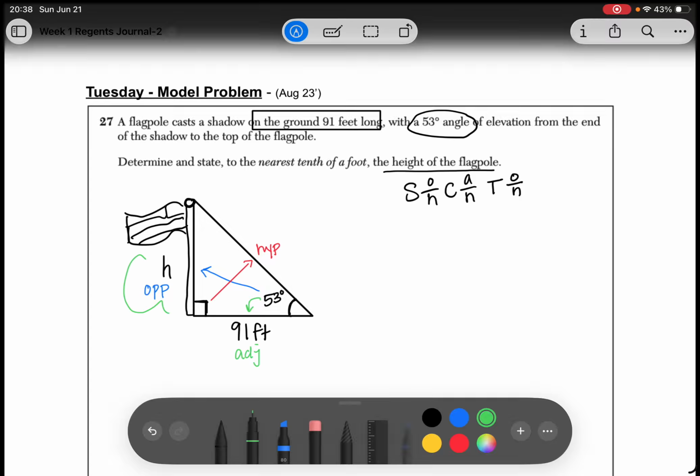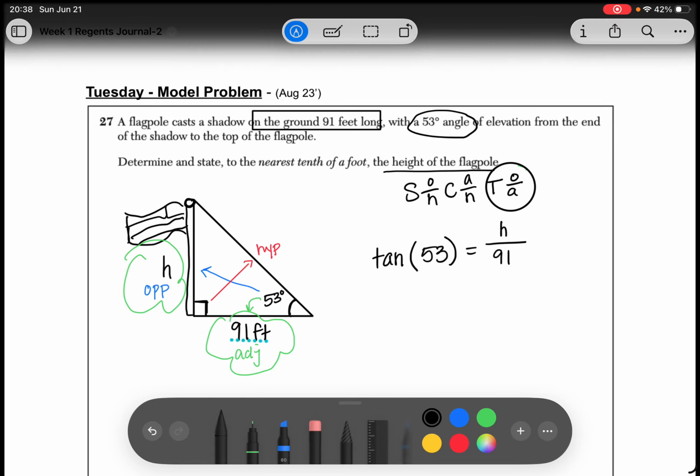Since we're working with opposite and adjacent, we automatically know that we're going to need TOA. Ew, I didn't realize I wrote that wrong. So we're going to do tan, which is opposite over adjacent, and I'll clean that up for you all. To write out our trig functions, we always start with our term, so tan, sine, or cosine, and then our reference angle, so tan 53 degrees equals our opposite side, which is H, over our adjacent side, which is 91 feet.